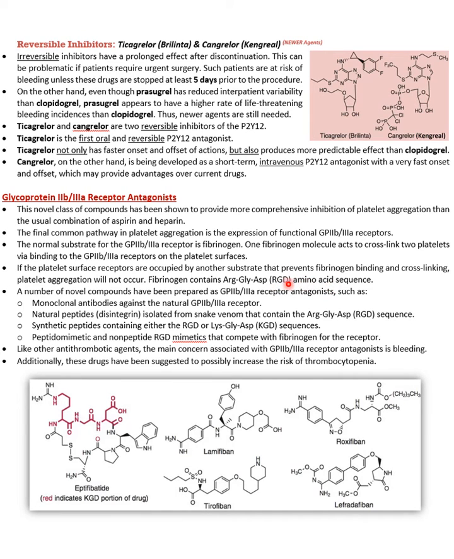So now, if you want to design a drug to fill this receptor, then you imagine that this drug would mimic this sequence of amino acids, and indeed, there are different ways of preventing or blocking these receptors. One of them is first to design an antibody that would attack the receptor, as we will see. Another one is to use natural peptides, like the one extracted from the snake venom.